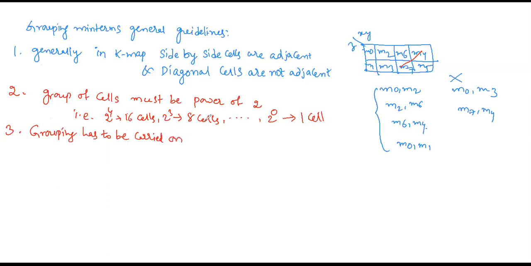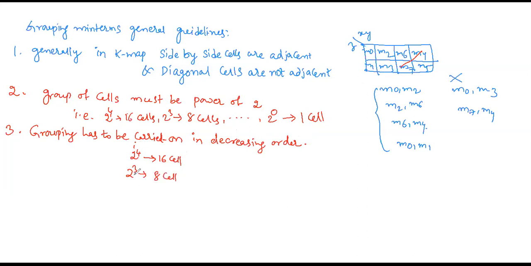It means if you want to form a group of cells, first you have to look for the highest power of 2 number of cells. 2 to the power of 4, 16 cells. 2 to the power of 3, 8 cells.